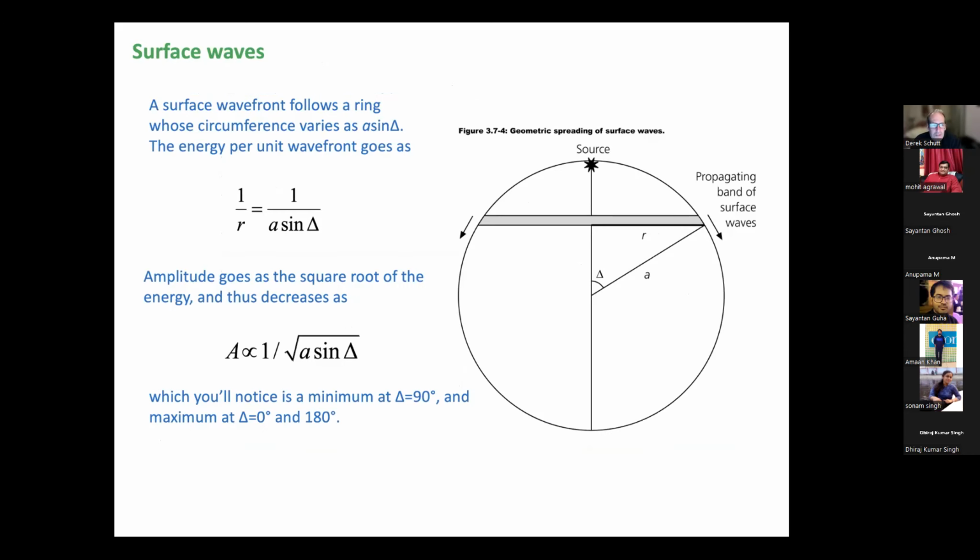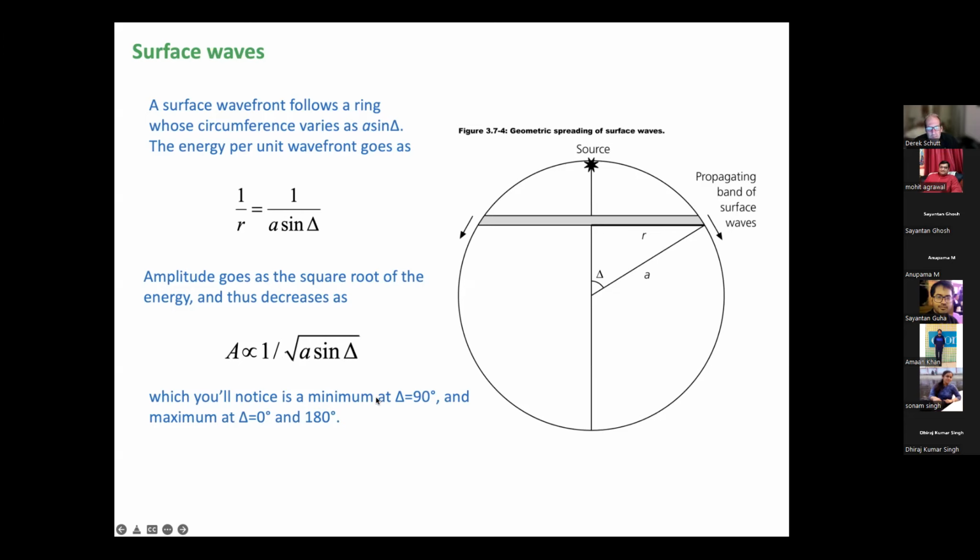Now, surface waves follow a ring whose circumference varies as sine delta, where delta is the distance between the source and perhaps a receiver. The energy per unit wavefront goes as 1 over r, where r is the distance from this axis to the surface, and amplitude goes as the square root of the energy, and thus decreases as 1 over the square root of sine delta.